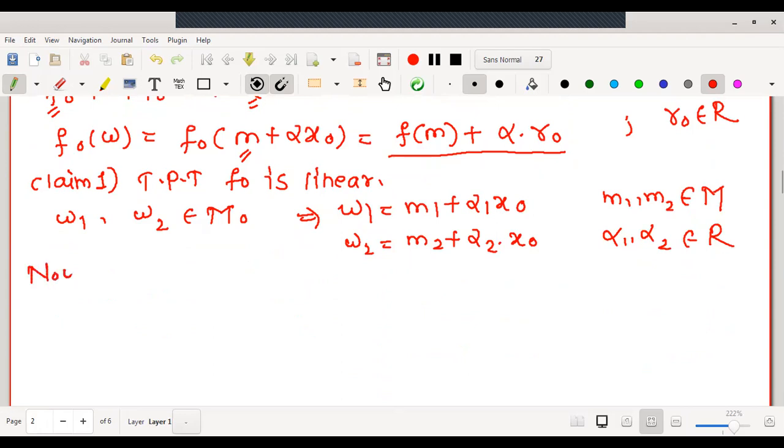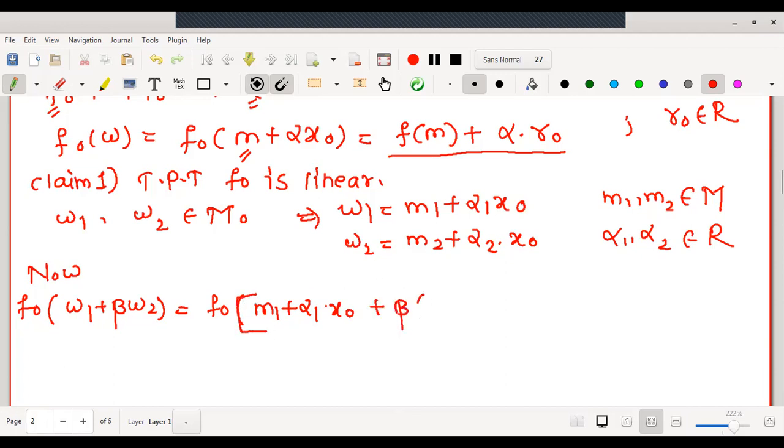Now f naught of, say, W1 plus beta W2. Let us write what is W1. This is M1 plus alpha 1 x naught, plus beta times this, which is m2 plus alpha 2 x naught.